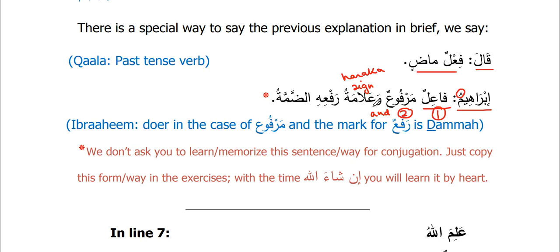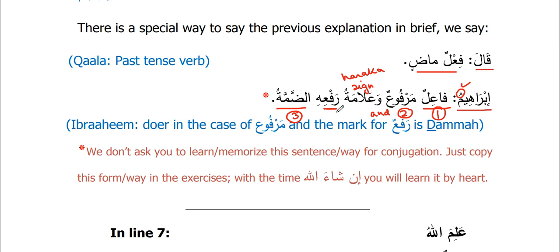Now the word raf' means marfu'. This haraka, the dhamma, is making it into raf', that is into marfu' position. So this is the third point, and you are explaining wa alamatu raf'ihi dhammatu. You are giving your proof that it is marfu' because it has the sign, the haraka of raf'. Raf' refers that it is a marfu' case.